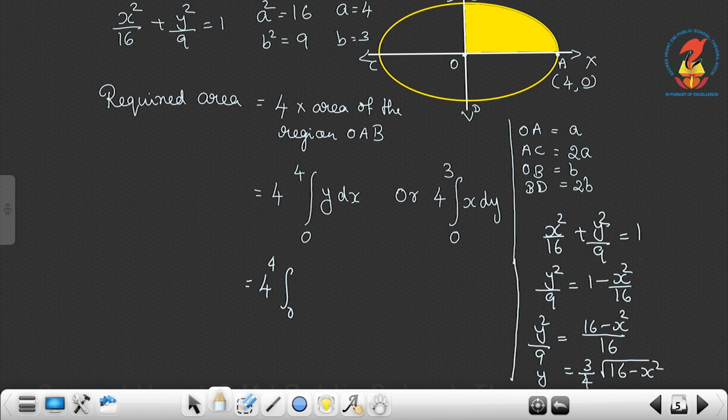Since it is in the first quadrant, take the positive value. 3 by 4 root of 16 minus x square, that you have to write here, dx.